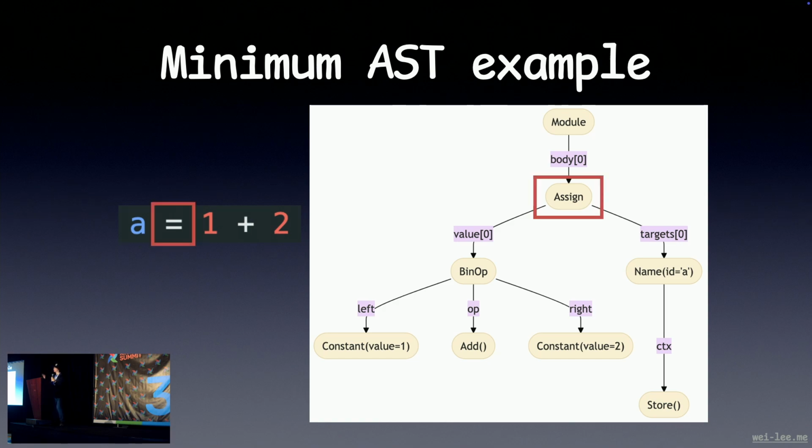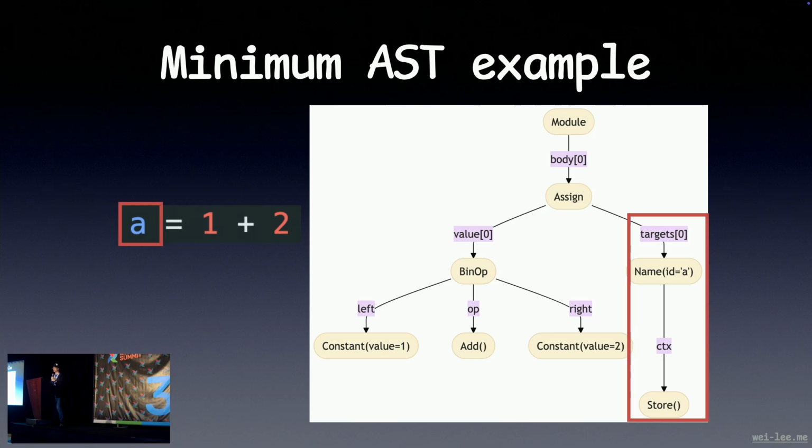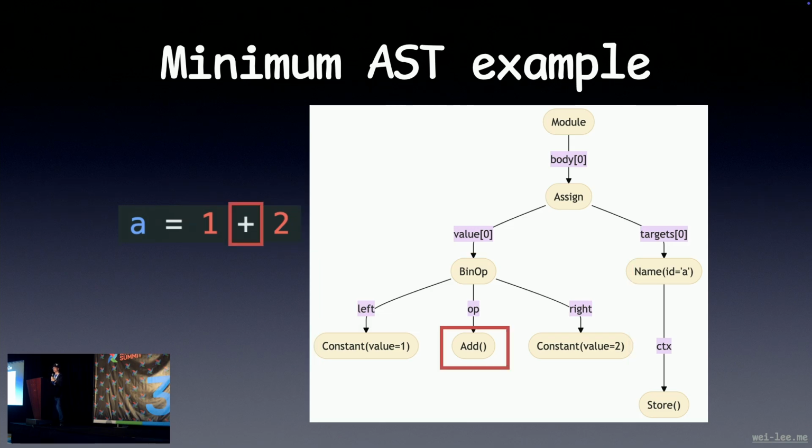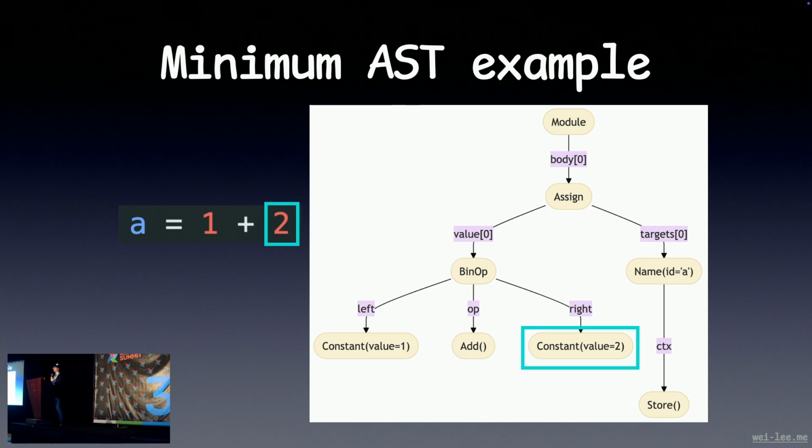So we first traverse into the Assign AST node, and there's a target where we want to store some value into the variable a. On the value side, we have a binary operator, with the left-hand side as the constant 1, the operation Add, and then the right side as the constant 2.